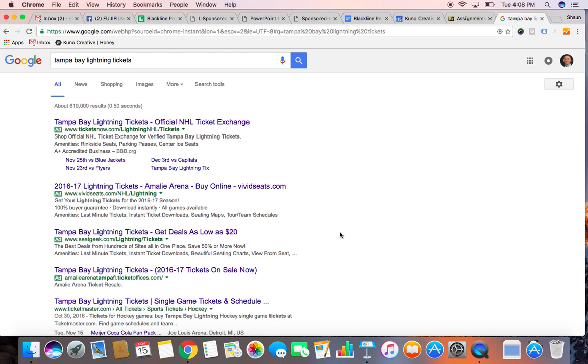Now, Google AdWords is an auction-style system where you bid for each click that you want to pay for. Google helps establish what the price is for the cost per click, but in addition, it rewards you if you're relevant to what the person is looking for. So if you're advertising Tampa Bay Lightning tickets and your ad talks about Tampa Bay Lightning tickets, you're going to appear closer to the top as long as you have a relevant bid.